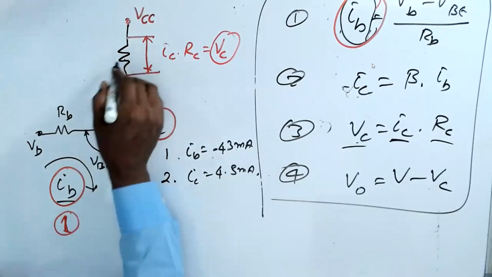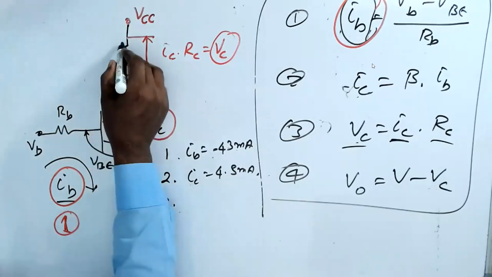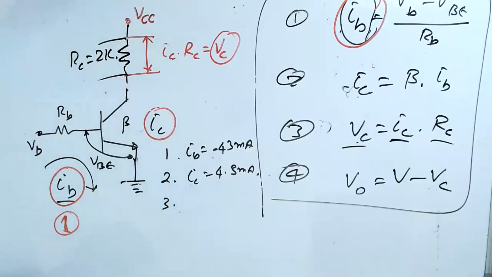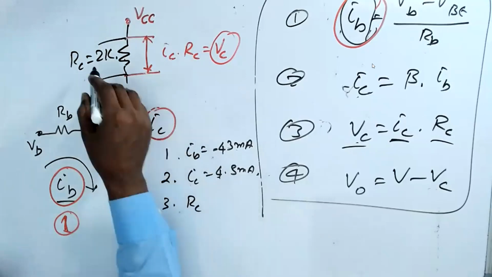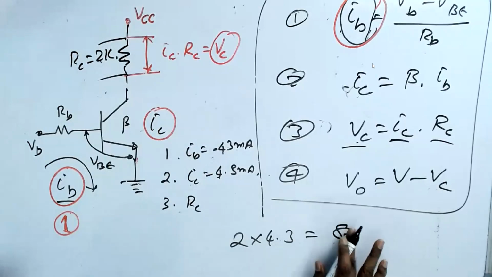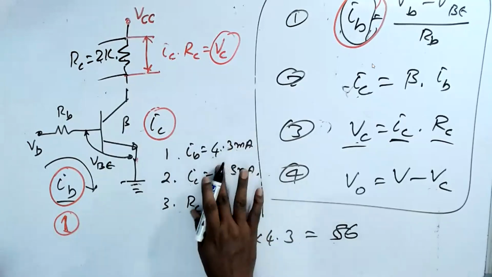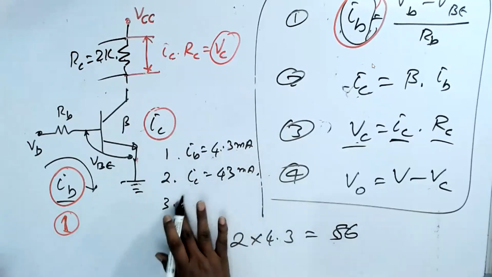Now, if we change the resistor, RC is equal to 2K, then the voltage across it will change. 2K into 4.3 becomes 8.6 volt. Sorry, I think there's a mistake here. I put 10K, I thought so. 4.3 into 2, you get 8.6 volt.